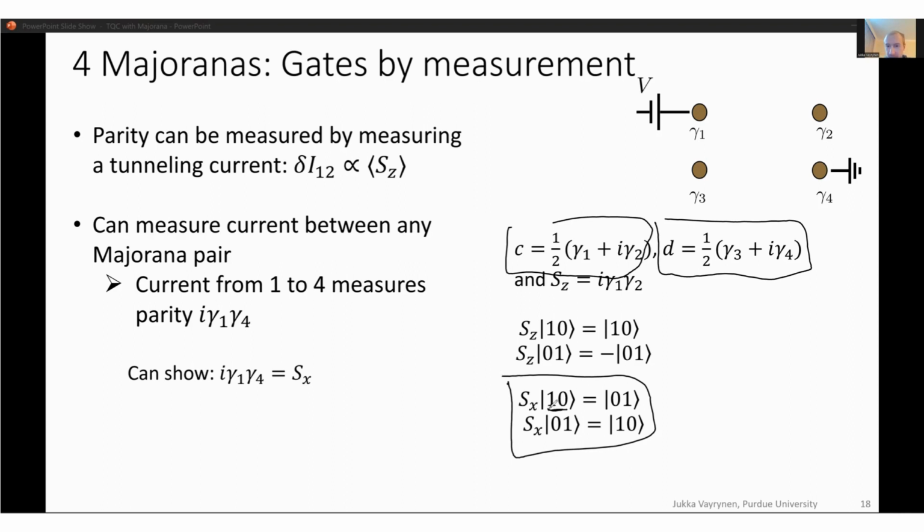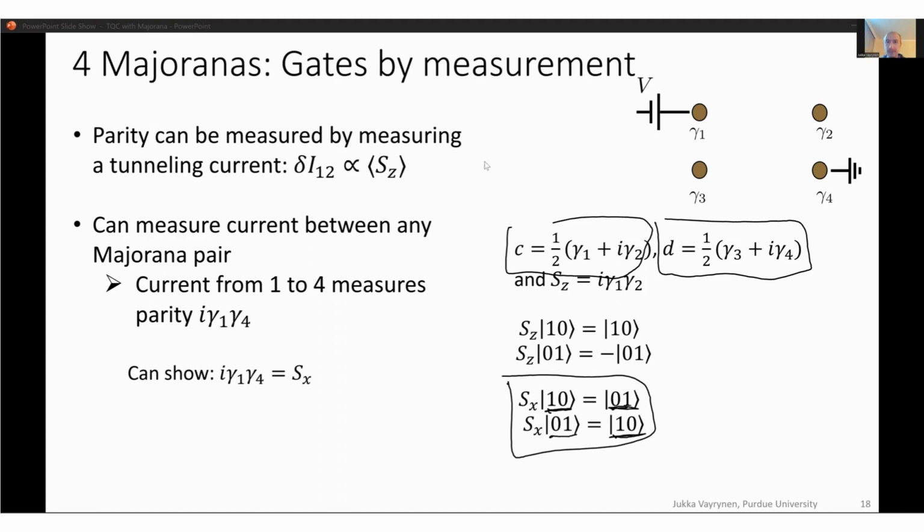It will basically take you from 1 0 to 0 1, and from 0 1 back to 1 0. Therefore you can identify it as the sigma X operator, and you can show that it anti-commutes with the sigma Z operator as it should. Also, if you take the product of sigma X and sigma Z, you are supposed to get the sigma Y operator.